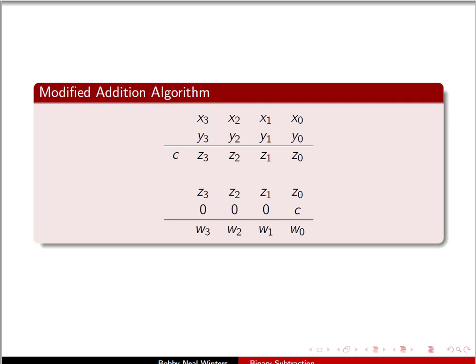So if you make a decision that the way you're going to do your subtraction, or encode your negative numbers, is by ones complement, you have to modify your addition algorithm. If you know that your second number is a negative, because it has a leading 1 in that most significant column, then you're subtracting by adding.